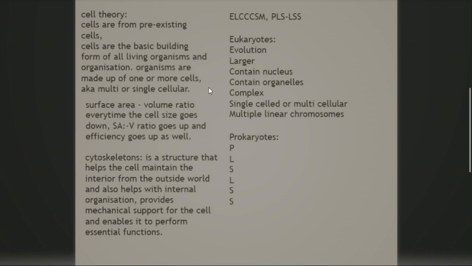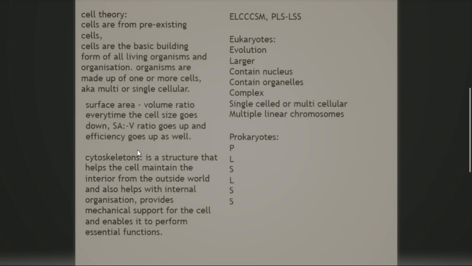The little rule of thumb is every time cell size goes down, the efficiency goes up, and the surface area to volume ratio also goes up. Feel free to correct me if I'm wrong, but I believe, to the best of my memory, this is how it works, right? So, also cytoskeletons.